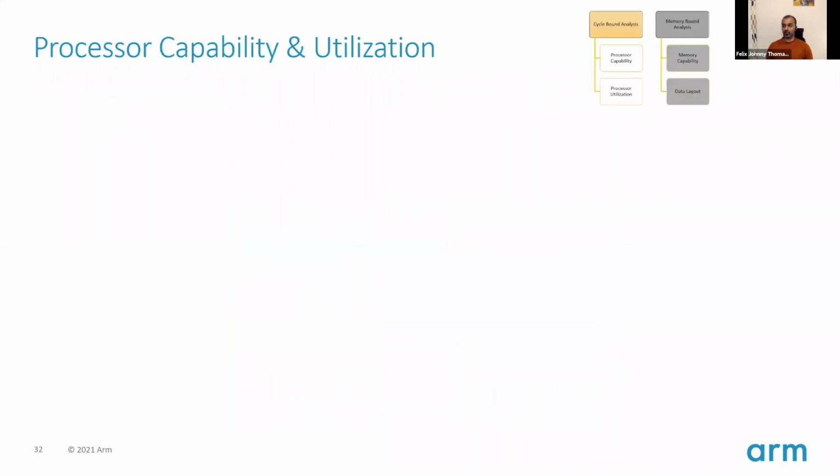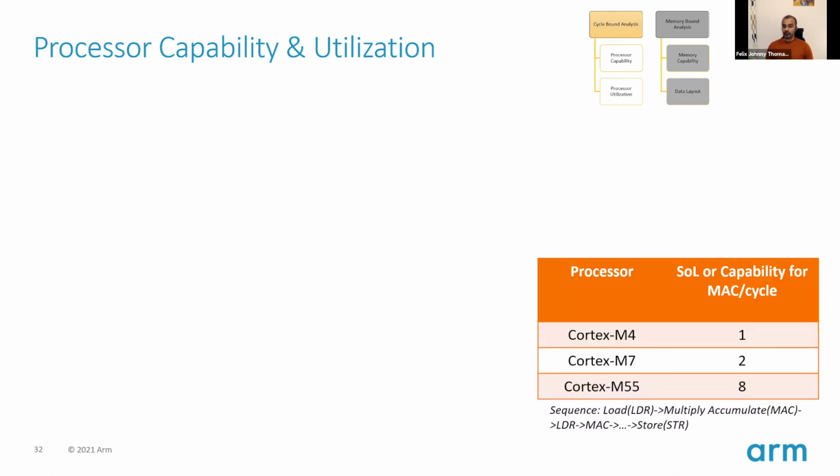So let's take cycle bound analysis first. What do we mean by cycle bound analysis? It's basically about the processor's capability and its actual utilization. Let's take the case of a multiply accumulate operation, which is very common in neural networks, especially in convolution and depthwise convolution operations.